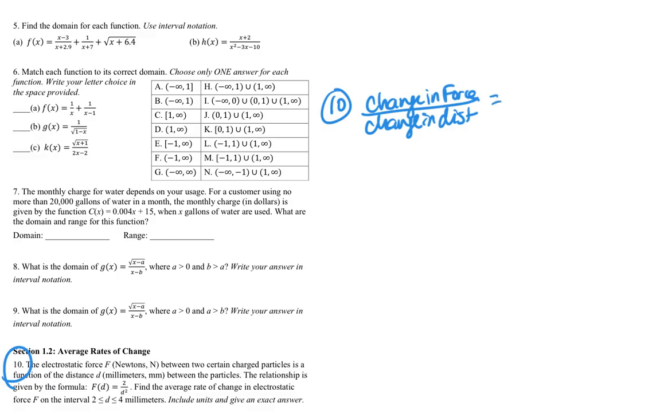Here in this case, the dependent variable is the force. Okay, so we can compute this, f of 4 minus f of 2 over 4 minus 2. So if I plug 4 into that function, I get 2 divided by 4 squared, which is 0.125 minus f of 2, so 2 over 2 squared is just going to be 0.5, over 4 minus 2.